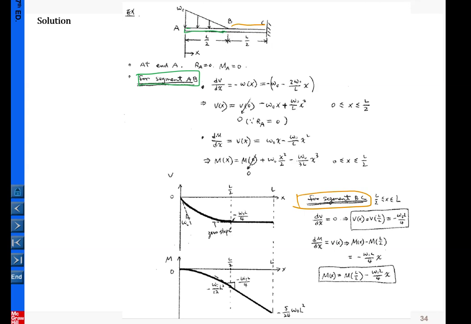And once you have the expression of the curve, you simply draw the curve. For this case, this is the equation here.